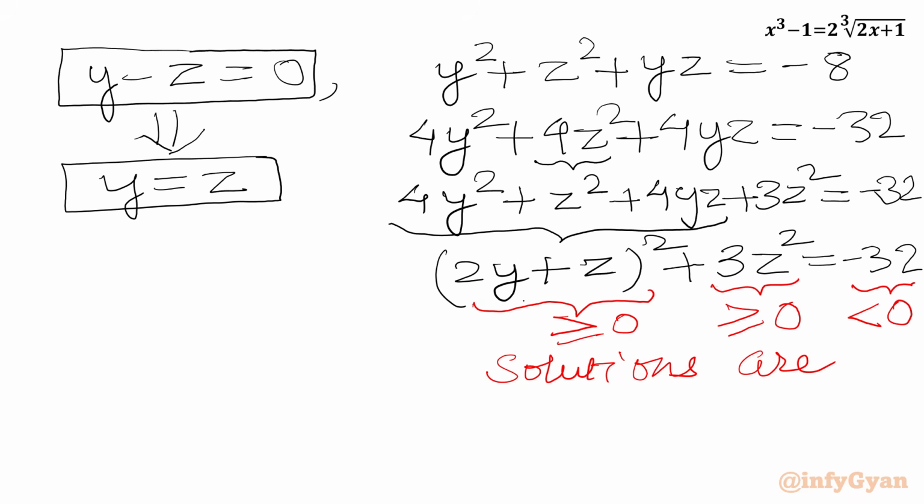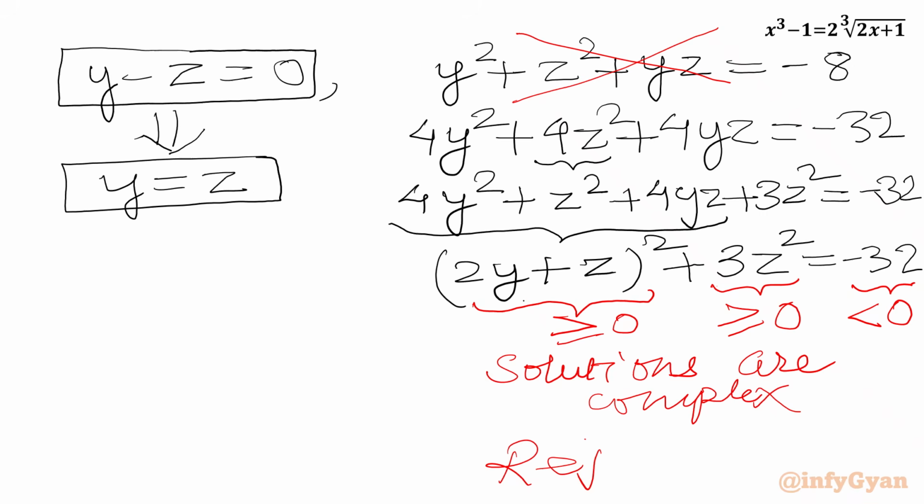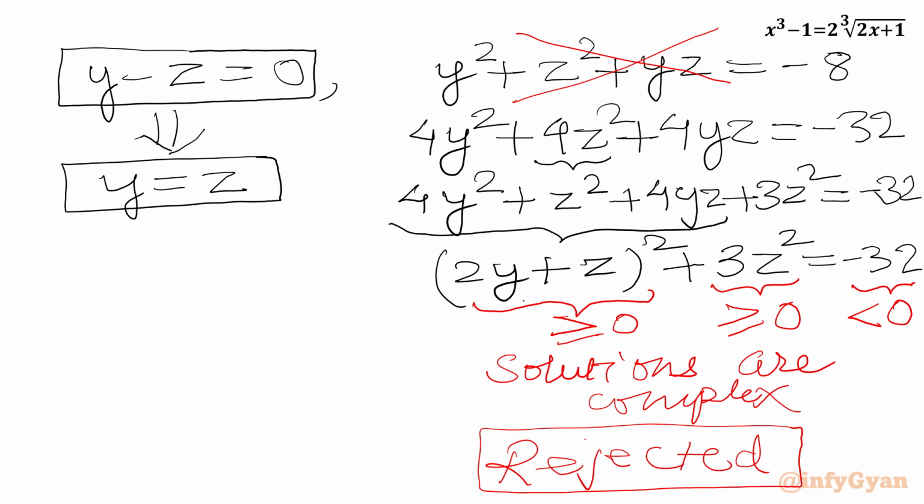So on this ground, we can reject this equation. Rejected. So the accepted equation would be our first equation, from where we are getting y equal to z.